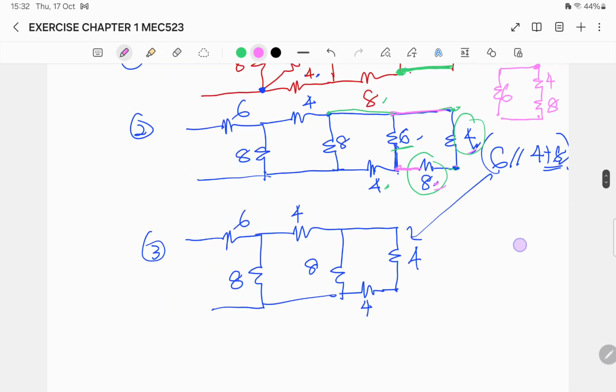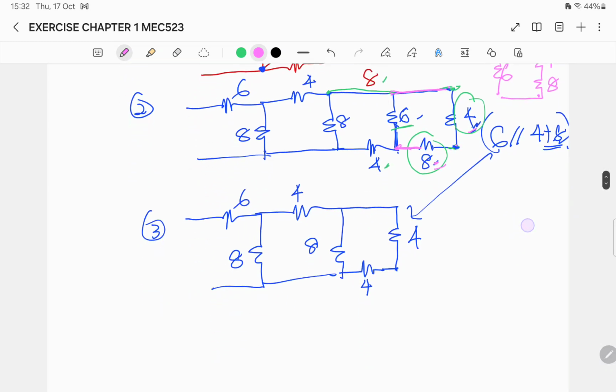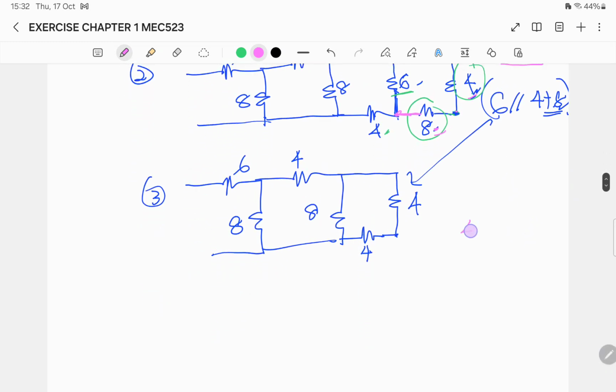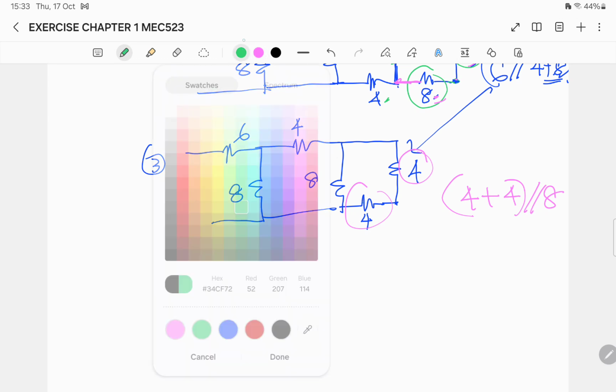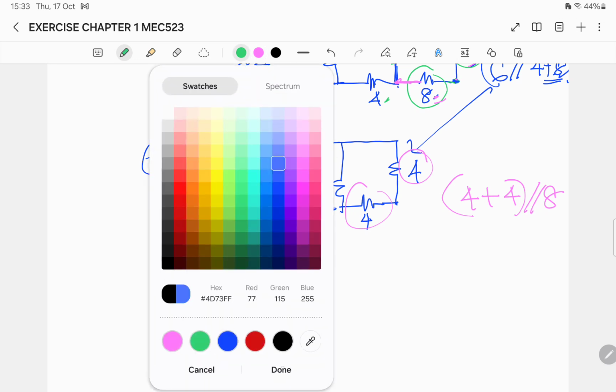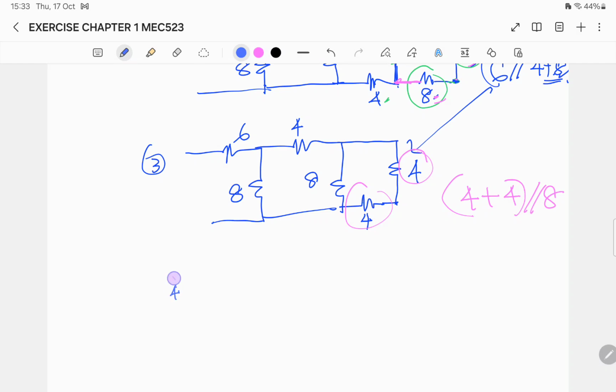Okay. So nombor 3 ni betul? Okay, next one nak buat apa pula? 4 tambah 4. Ni 4 tambah 4 parallel with 8. Enam 8 4.